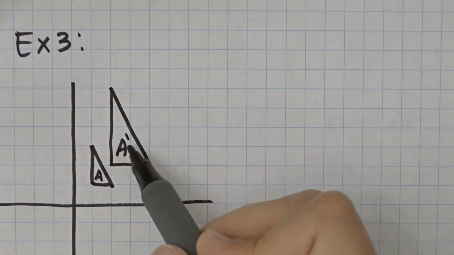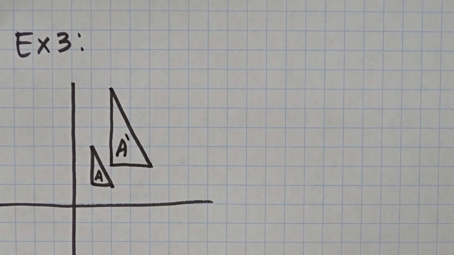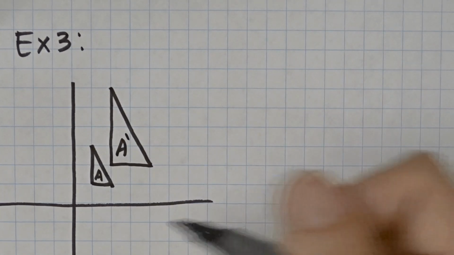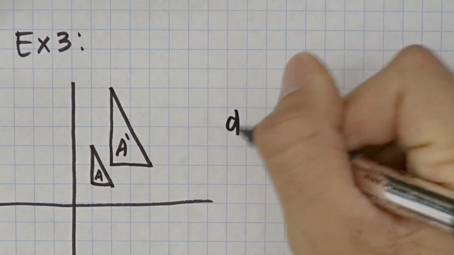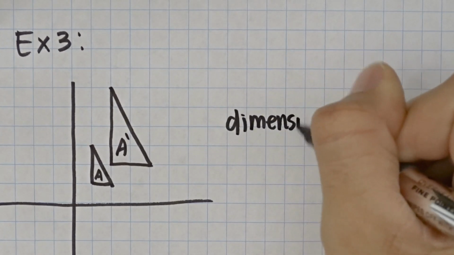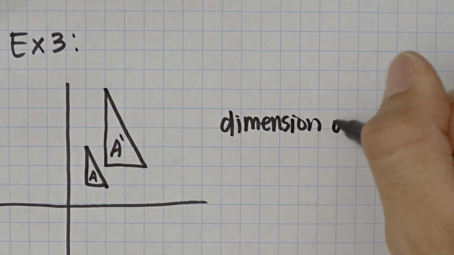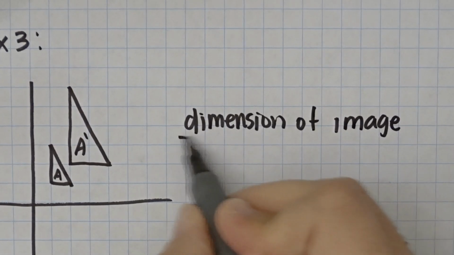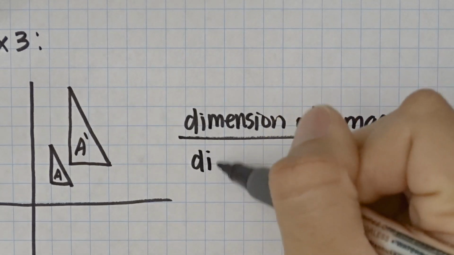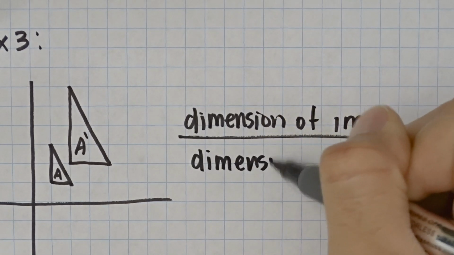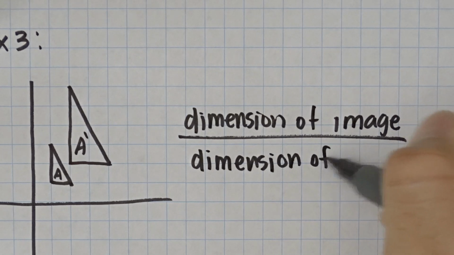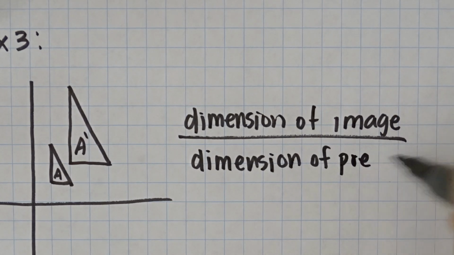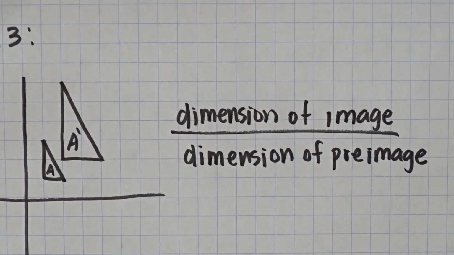And I want to know what was the scale factor. So if this one is my resulting triangle, you know that you're expecting a number greater than 1 as your scale factor. So you take one of the dimensions. Let's take the height. So the dimensions of your image divided by another corresponding dimension of your pre-image. And that is going to give you your scale factor.